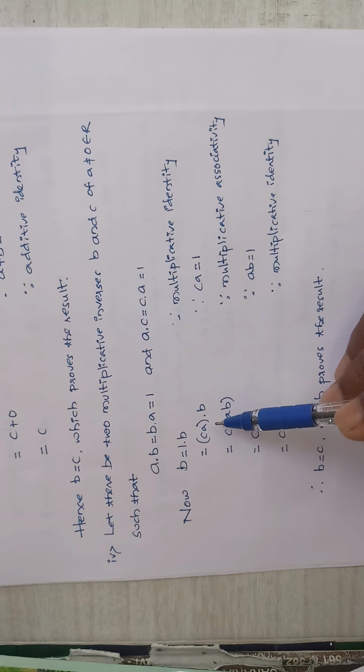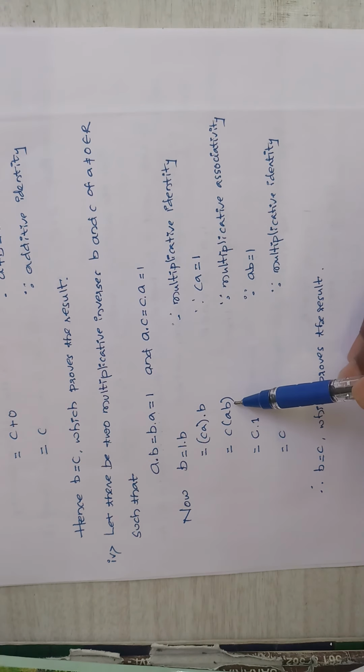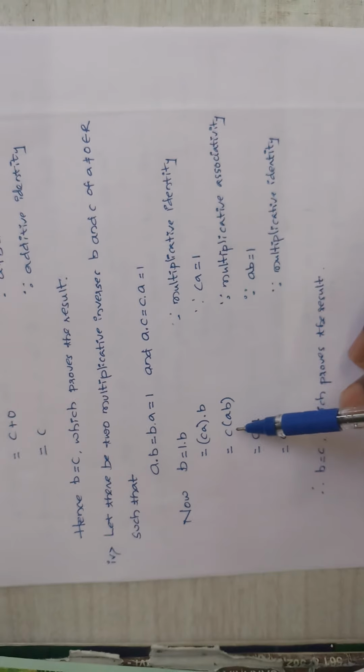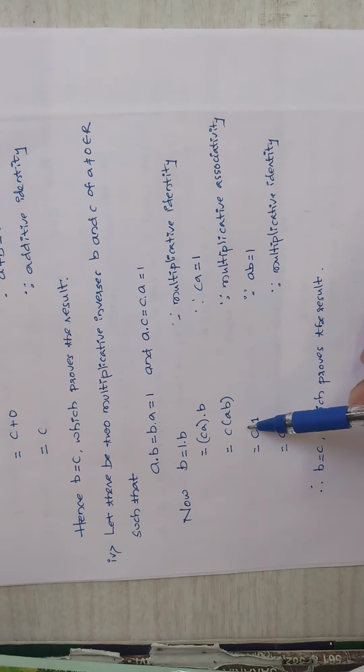Using multiplicative associativity, I am writing this as C into AB. AB is equal to 1, already given. Because AB is equal to 1, I am writing this as C into 1. Using multiplicative identity, C into 1 is C. Hence, B is equal to C, which proves the result.